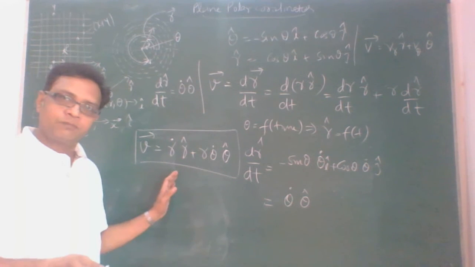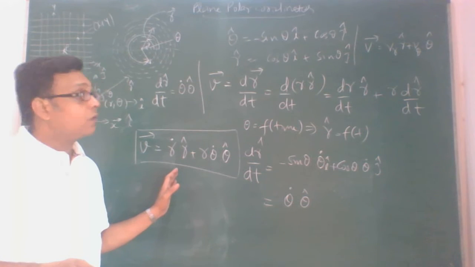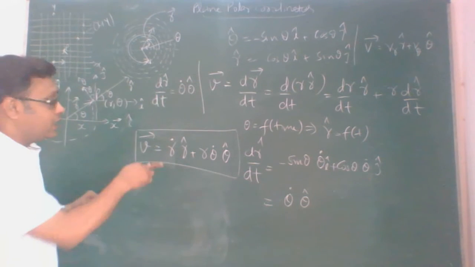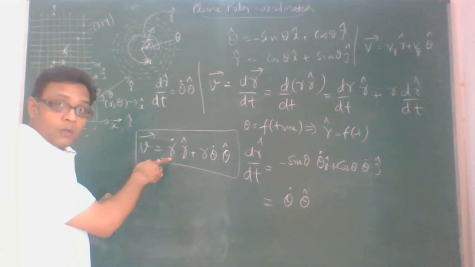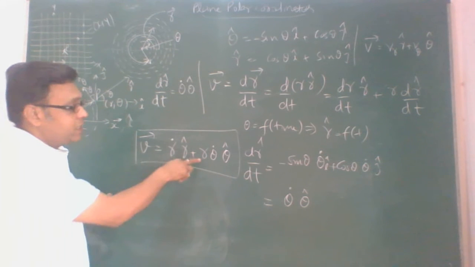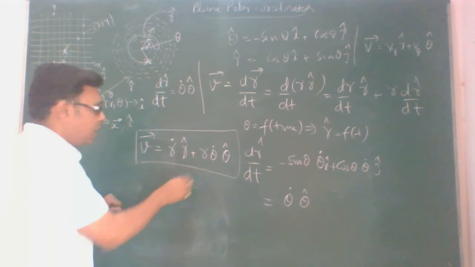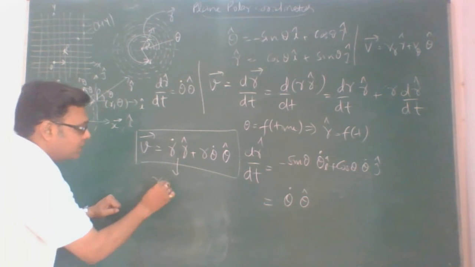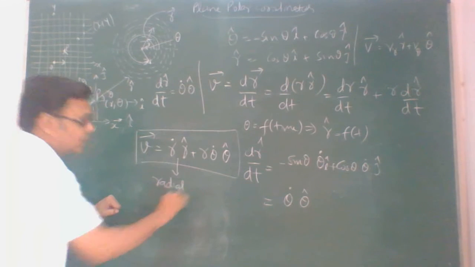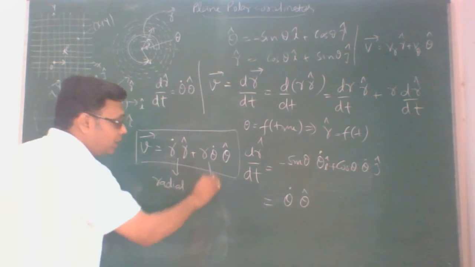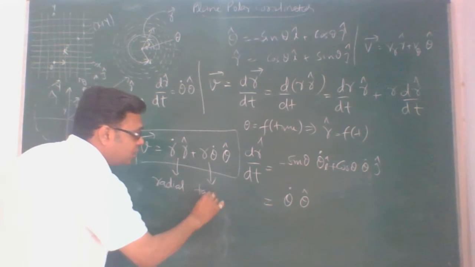The same we have got. Fine. So Vr is nothing but r dot, and V theta is nothing but r theta dot. And specifically, this particular one is known as radial velocity or radial component, we can say, and this particular one is known as tangential velocity.